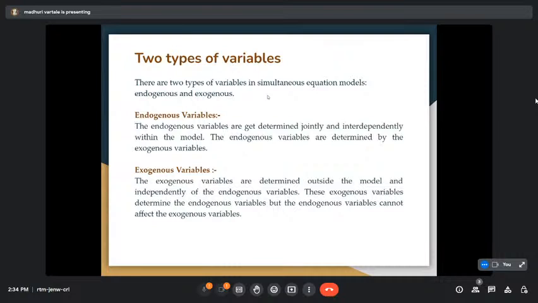The exogenous variables are determined outside the model and independently of the endogenous variables. These exogenous variables determine the endogenous variables, but the endogenous variables cannot affect the exogenous variables.